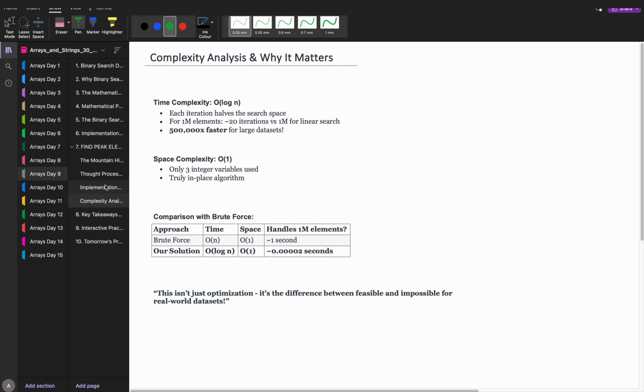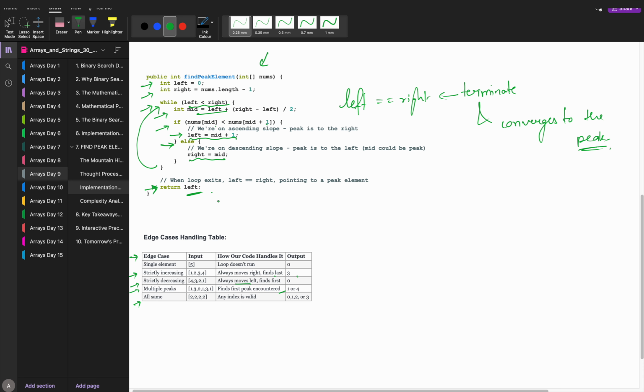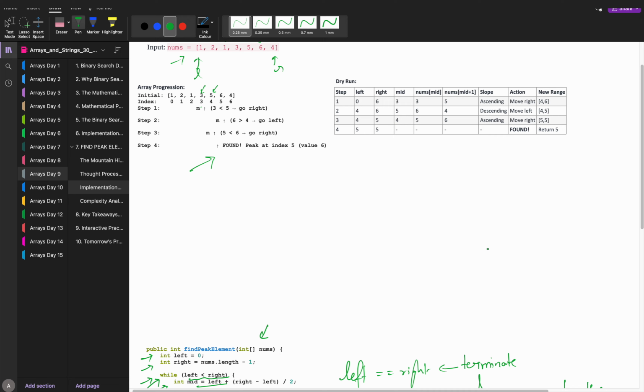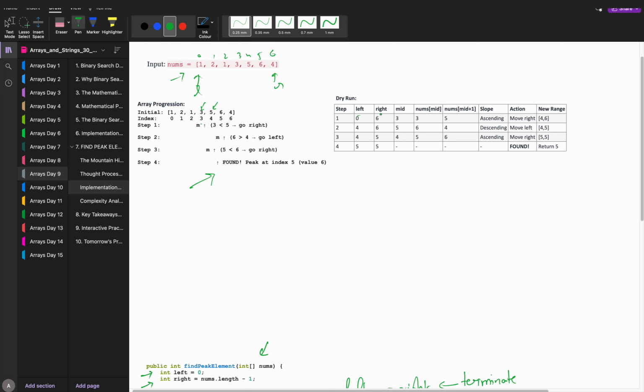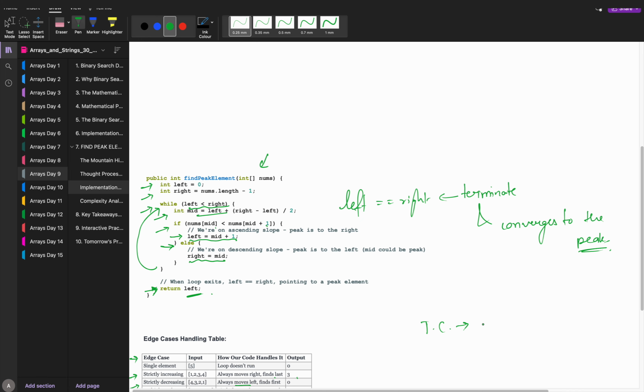Now what is the complexity analysis? यहाँ पे क्या आ रहा है? If you look at this, what is the time complexity? Same binary search का logic लग रहा है. Every time you can see left and right update हो रहे हैं and we keep halving the search space. So it is similar to binary search.